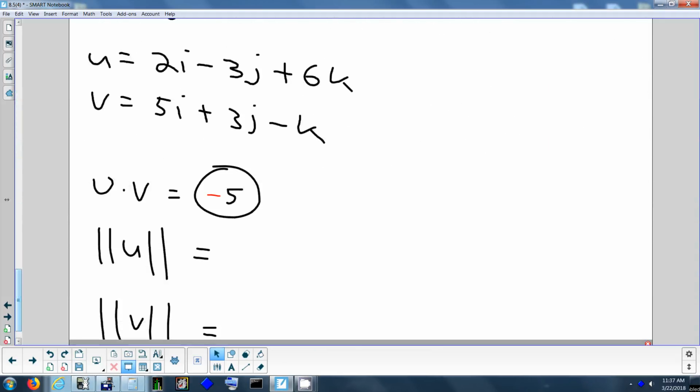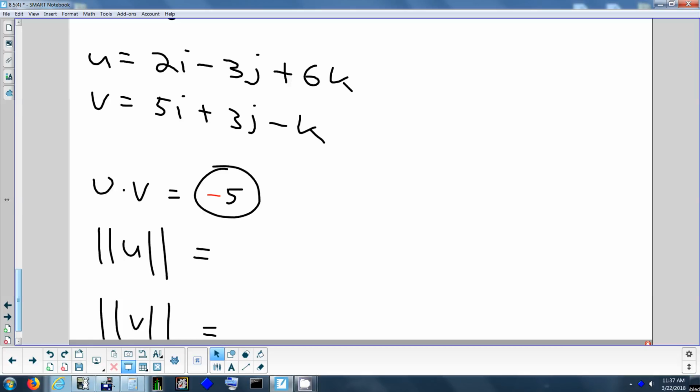Dave, can you tell me how to find the magnitude? First thing I should write down so I don't forget it. You just tell me how to find the magnitude and we'll see if you get everything from there. How do you find the magnitude of u? By the factors.